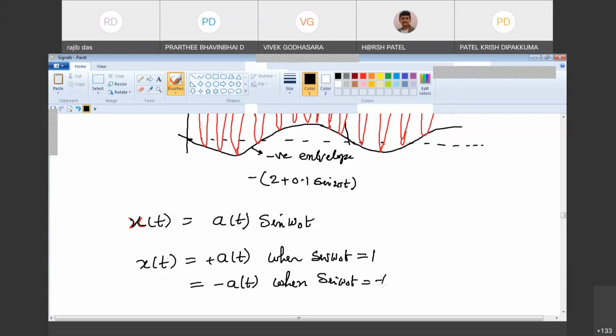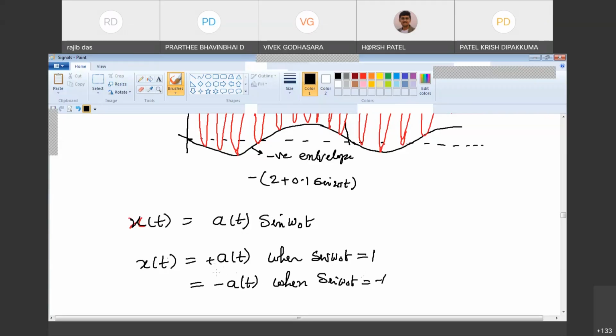Am I correct? When this value is +1, then +1 is multiplied, you will get plus a(t) only, and when its value is -1, then x(t) is minus a(t).